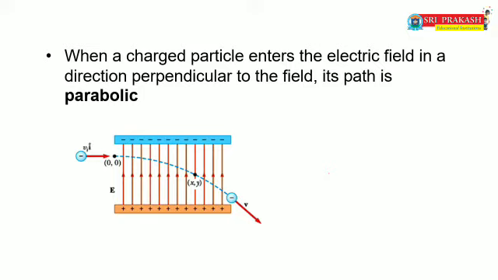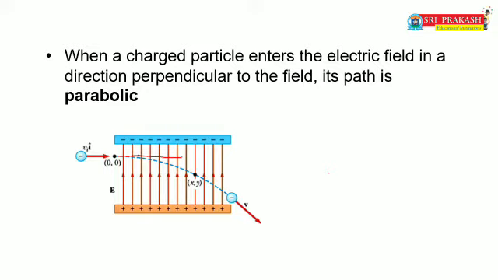Suppose a negatively charged body enters the electric field perpendicularly. Whenever it enters, there will be a force acting on this charged body, always towards the positively charged plate. So due to the continuous force, this negatively charged body will not follow a straight line path. It will move continuously along the dotted line path, not a straight line. The reason is the electric field.